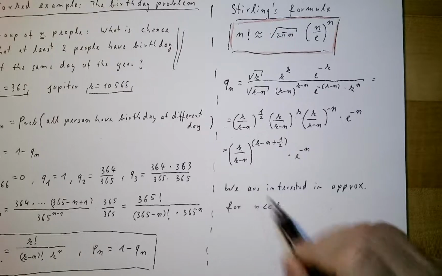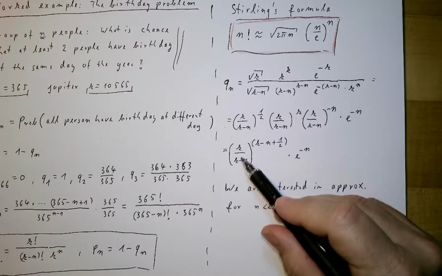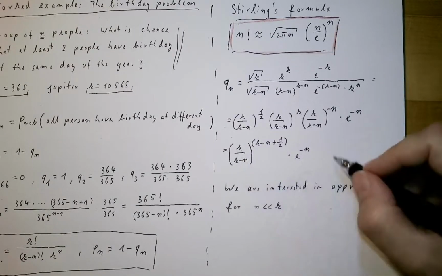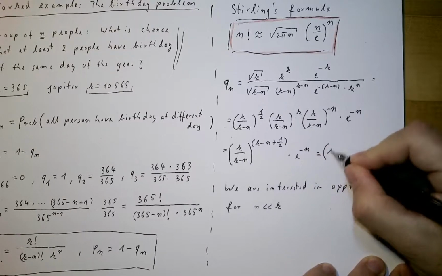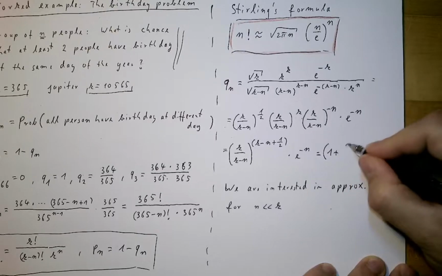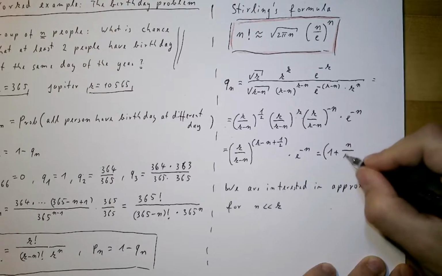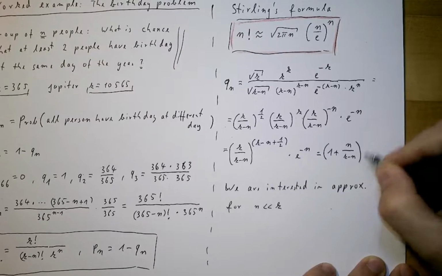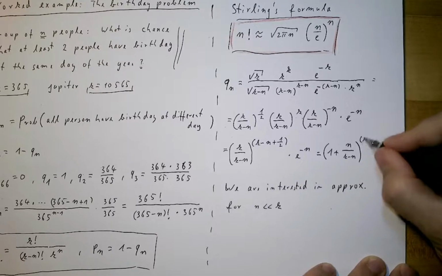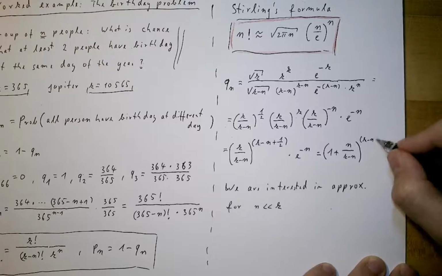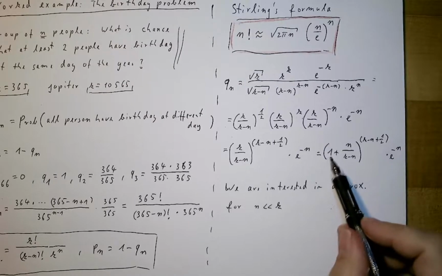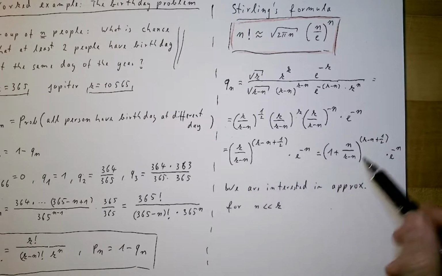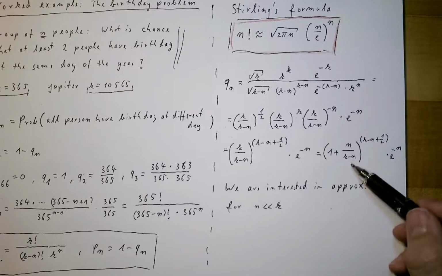If n is smaller than k, we don't see a small term here, but we can rewrite this as 1 plus n over k minus n, and the rest is the same, k minus n plus 1 over 2 times e to minus n. So this fraction is now 1 plus something which is small.